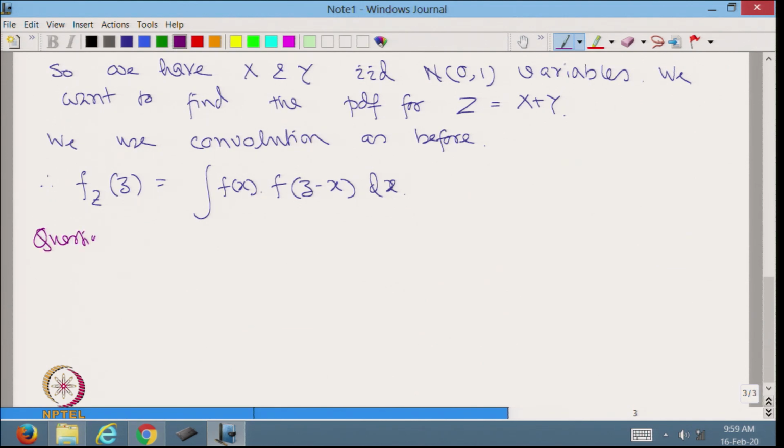The question is, what will be the limits of integration?